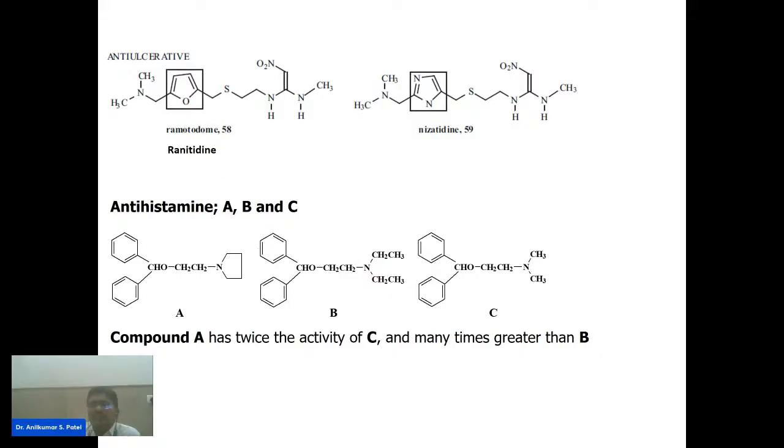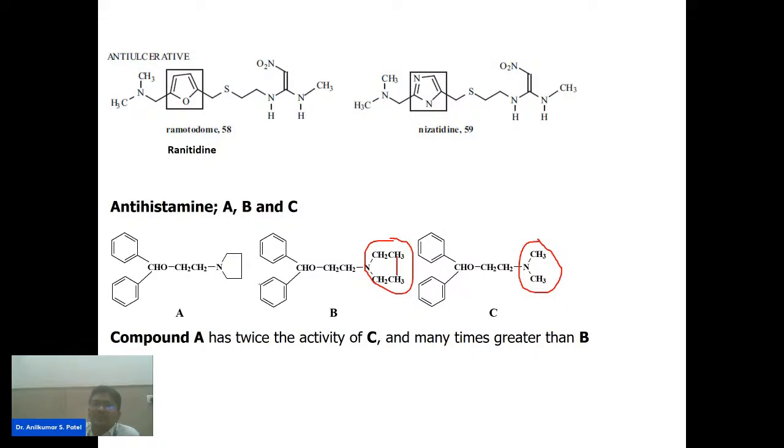Similarly, we have three classes of antihistamine. Here we can say that this is a cyclic dimethylamine, and this is also a cyclic ethylamine. Then this diethylamine is converted by ring-chain transformation to the pyrrolidine ring.